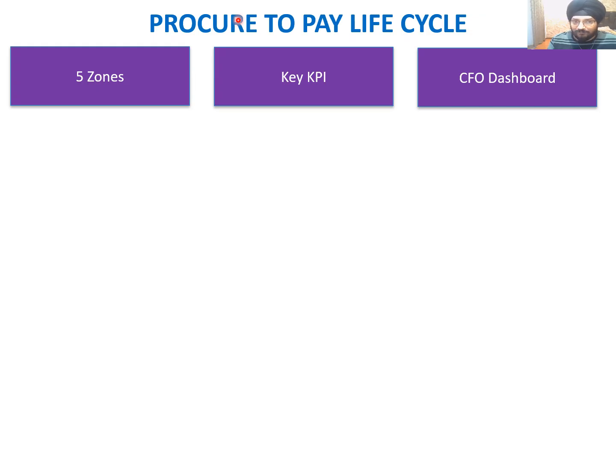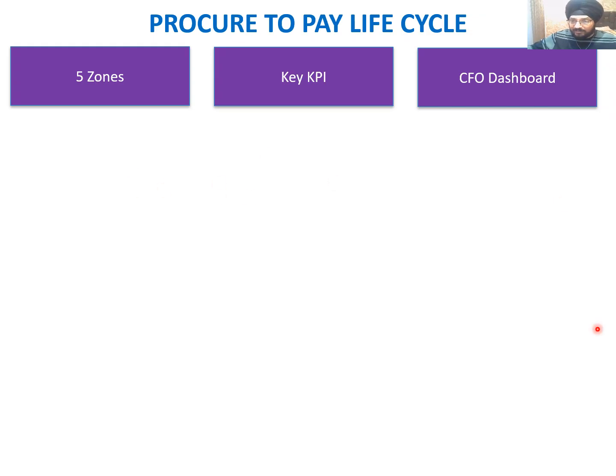We are going to cover the five zones of procure to pay here, and the key KPIs required to ensure that our process and the sub processes below them are working fine, and we do not have any challenges in managing them. Likewise, we will showcase the CFO dashboard, covering what the CFO needs to make sure of, so that he can ensure the P2P processes are working fine and as per the organization goal.